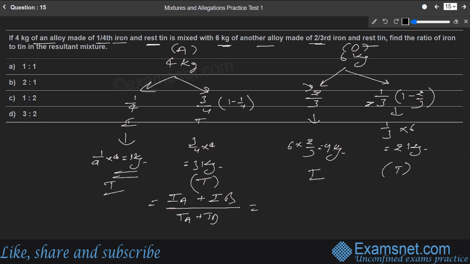If we do this, we add 4 plus 1, 1 plus 4, divided by 3 plus 2. So it is nothing but 5 by 5. So the ratio is simply 1 is to 1. So the ratio of iron to tin in the mixture is nothing but 1 is to 1, which is available in option number A.